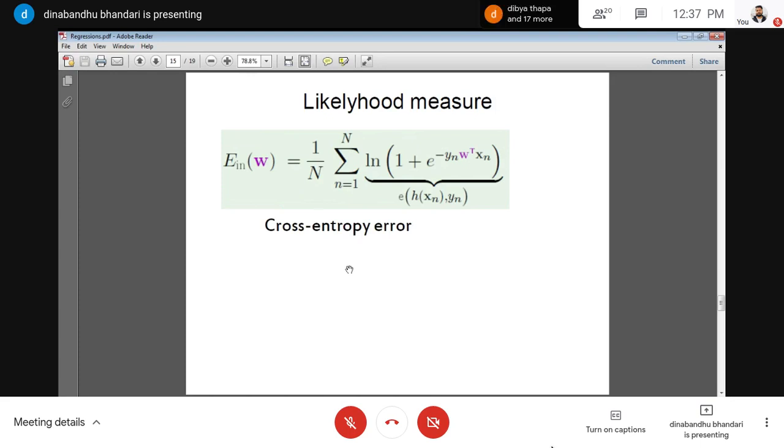This is a convex function, so unlike the square error, it has only one minimum. That's why we prefer cross entropy error, and there is no chance of getting stuck at a local minimum. So now we will try to minimize this to find W.